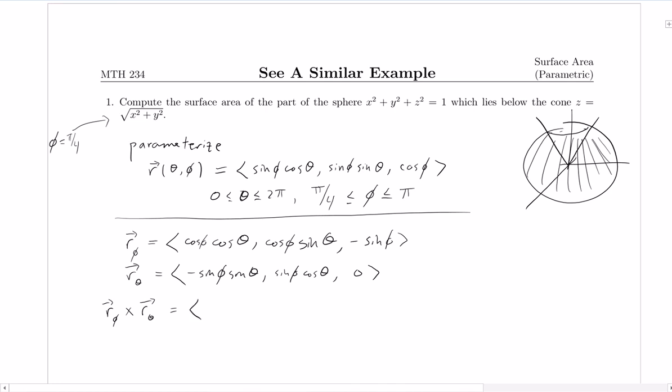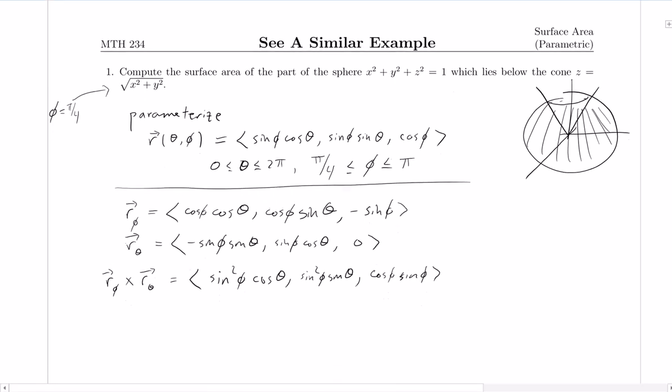If you compute this cross product, we get sine squared phi cosine theta, sine squared phi sine theta, and cosine phi sine phi. I'll leave the cross product computation to you. And now we need to compute the length of this vector.